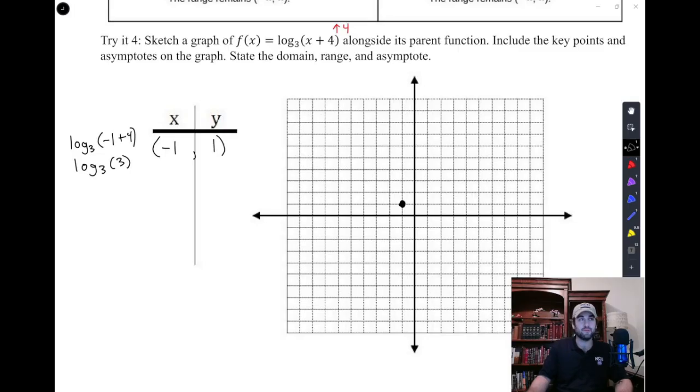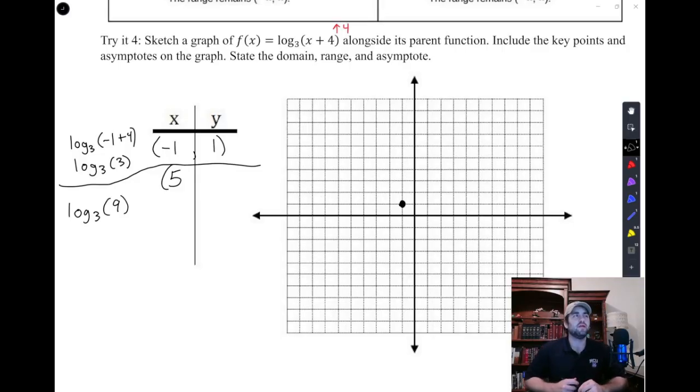And then we should probably pick a few more points to plug and chug. What do you think about 5? If you plug in 5, you get the equation log base 3 of 9. And you ask yourself the question, 3 to the what equals 9? And your answer is 2. And so we have the point (5, 2). That's (5, 2).